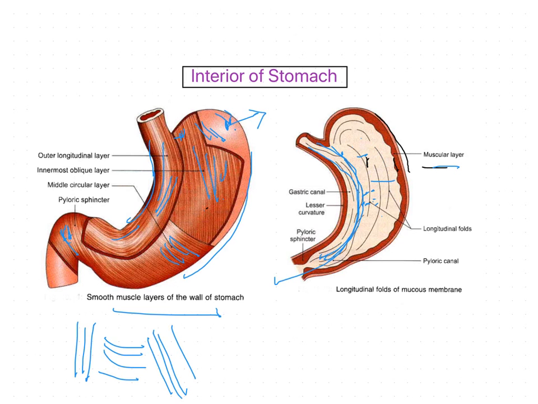Okay, and peptic ulcers can occur in the sites of pepsin and HCl, namely the stomach, first part of the duodenum, lower end of the esophagus and Meckel's diverticulum. Normally it is common in blood group O. Gastric ulcer occurs typically along the lesser curvature, as I have explained earlier.